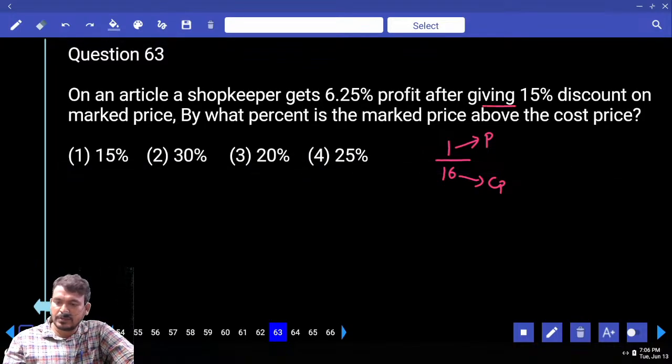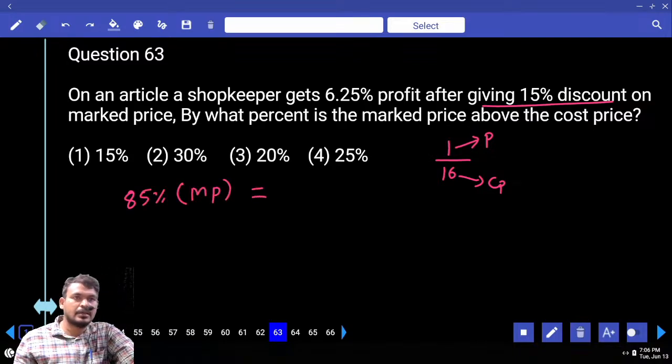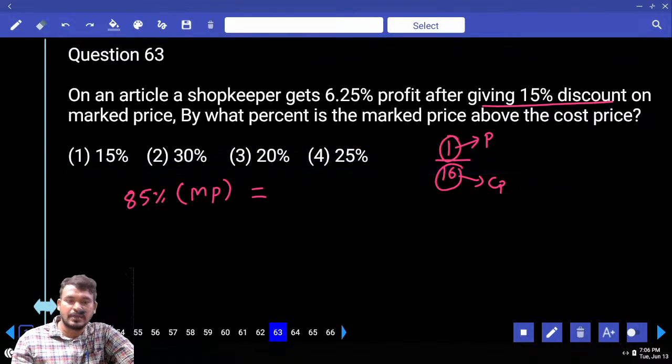Next, how much percent discount is given? 15%. 15% discount means selling price is 85% of market price. That is equal to cost price 16 parts, profit 1 part. Selling price is 17 by 16 of cost price.